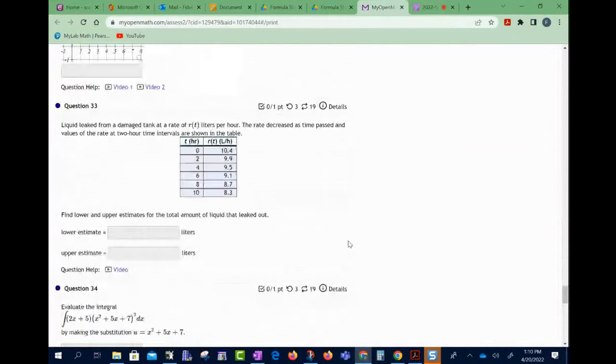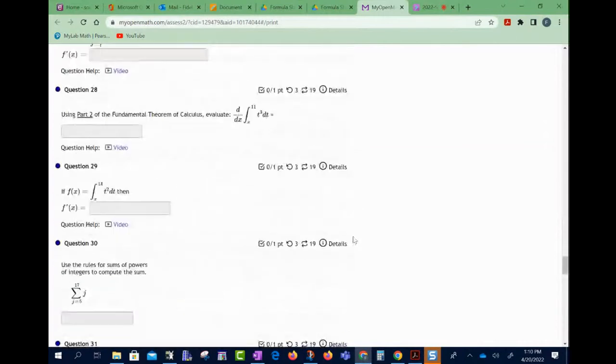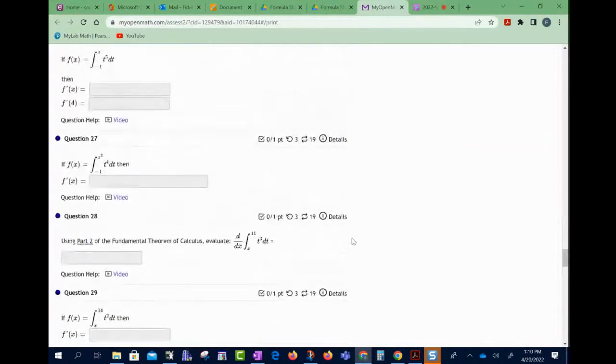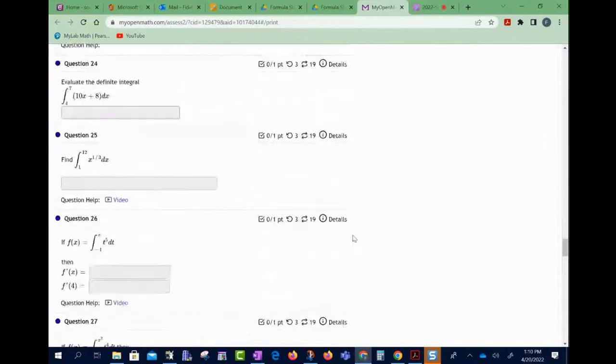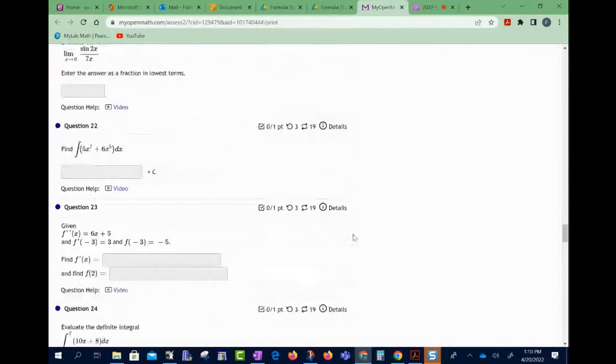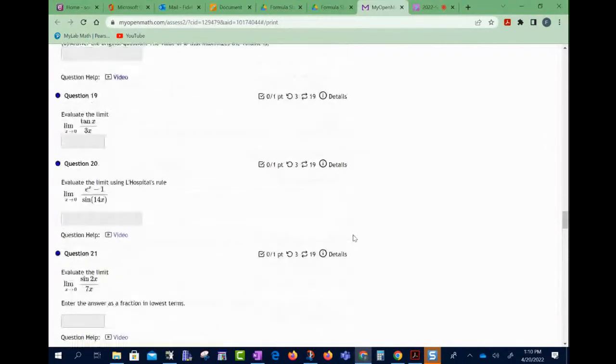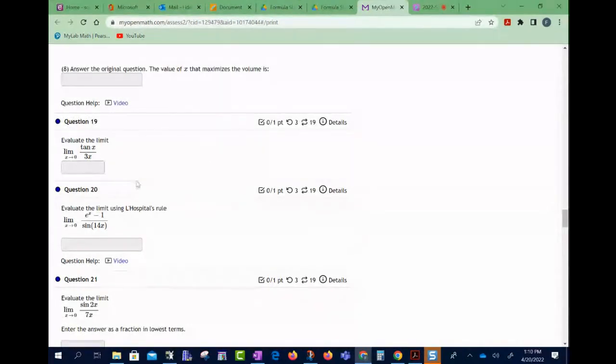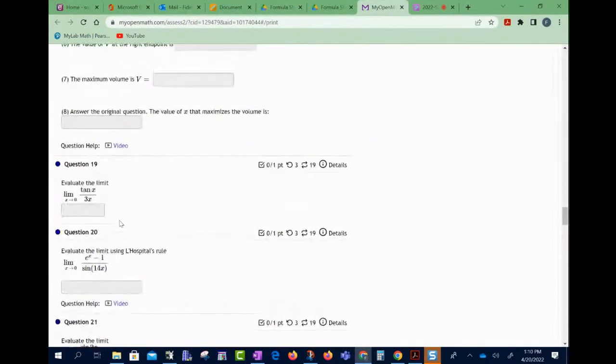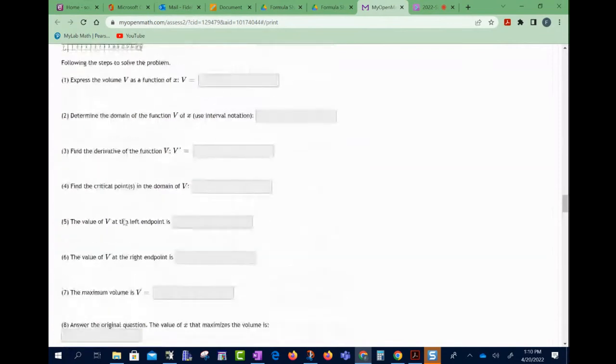Okay, so I'm looking here, and like I said, Jennifer, that question you're asking me may not even be on the test itself. This here is L'Hopital's rule, and I want to say that L'Hopital's rule was 4.8.